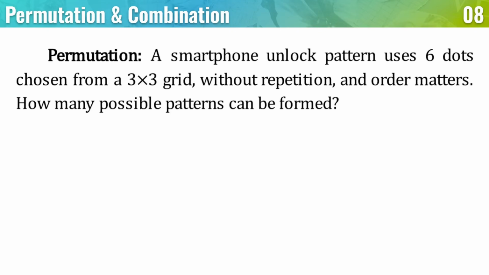Next, a smartphone unlock pattern uses 6 dots chosen from a 3x3 grid without repetition, and order matters. How many possible patterns can be formed? Again, for a smartphone unlock pattern, the order is important. If you draw something like this and leave the 3 dots here, it's going to be different than making something like this.